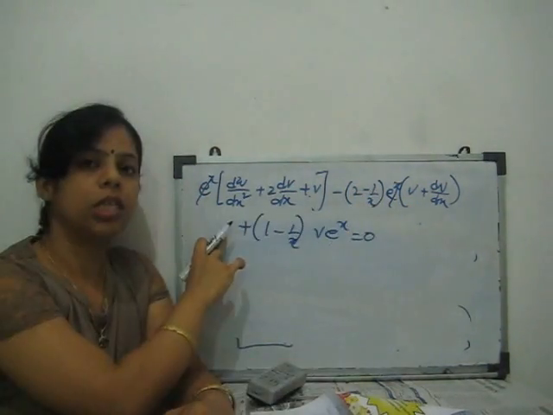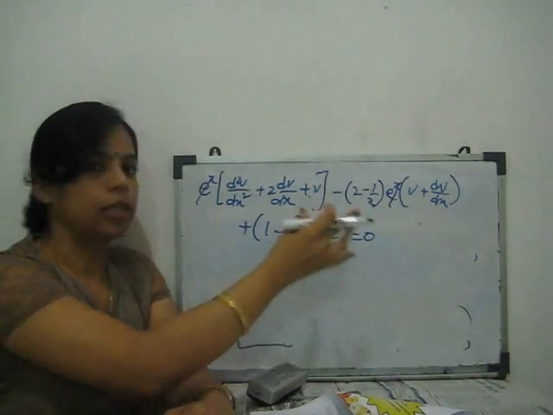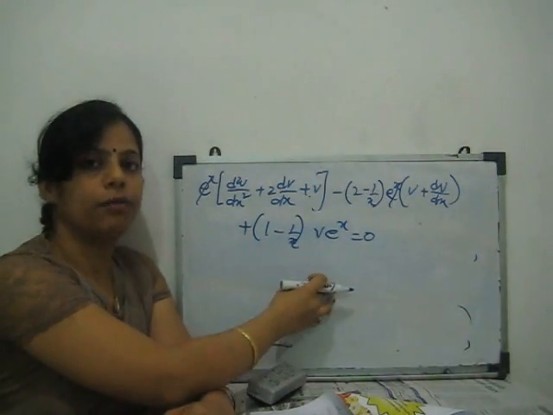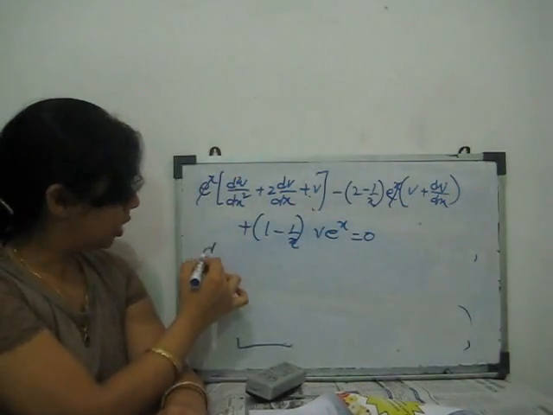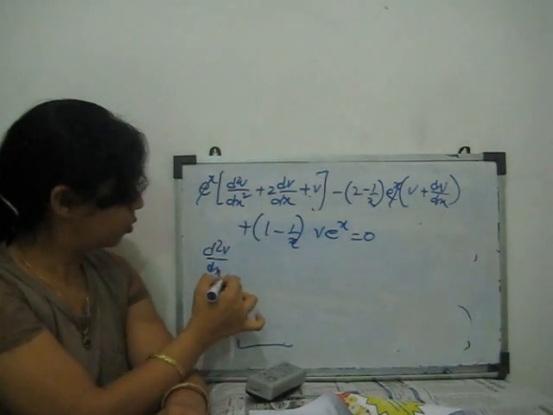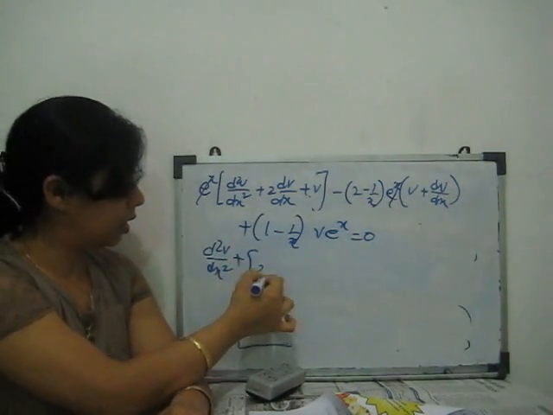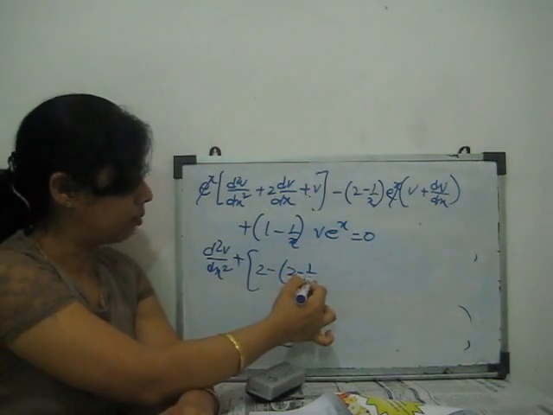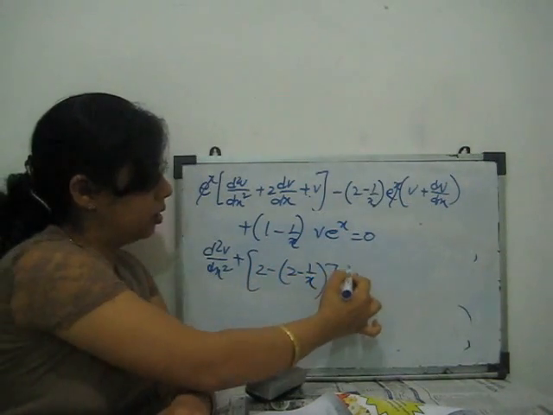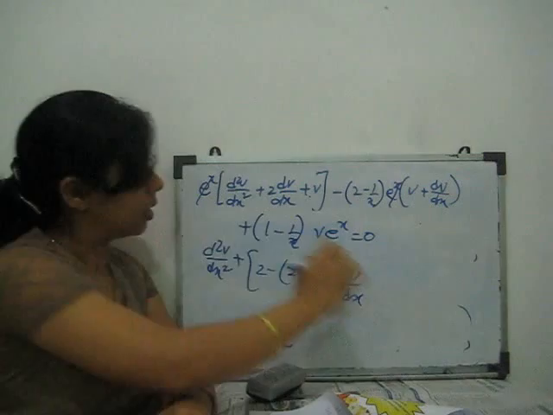Now in this equation, we collect the coefficients of d2v by dx square, dv by dx and v. So d2v by dx square plus, when we arrange the coefficient of dv by dx, 2 minus 1 by x dv by dx.